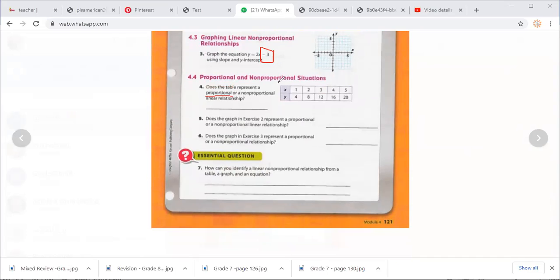Then from the equation, you can decide directly if it represents a proportional relationship or not. If I give you two equations now, y equals x plus 1 and y equals x, which one of those two equations represents a proportional relationship and which one is non-proportional?